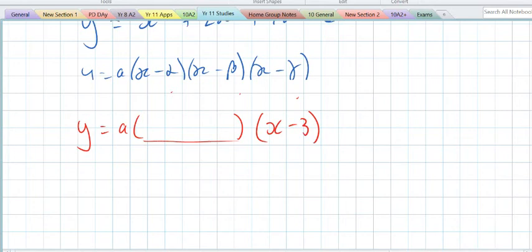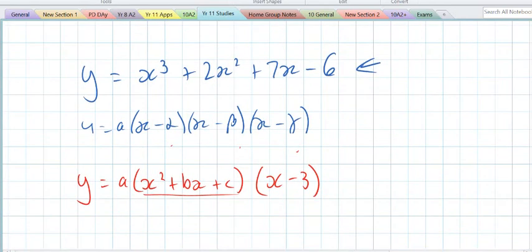If you like, you can put in the quadratic as x squared plus bx plus c. Now we will go through this in more detail later because I wasn't planning to do it this lesson. But what you need to do then is expand this out, etc. You'll end up with 6 terms, collect like terms, and then you can equate coefficients.